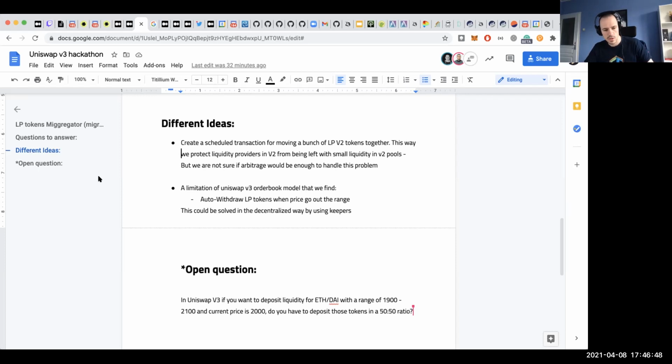So from that use case, maybe if your range touches the current price, then you need to deposit 50-50, because in my mind it was a bit different, but we will see. So if that's correct, and you withdraw that NFT a second after that, you will get a pretty different ratio of those tokens. Yeah, that was our question basically, but no one answered.